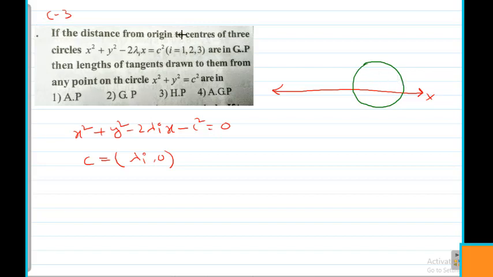The distances from the origin (0, 0) to the centers of the circles are in GP. From (0, 0) to (lambda 1, 0), the distance is lambda 1 only. Given lambda 1, lambda 2, lambda 3 are in GP.